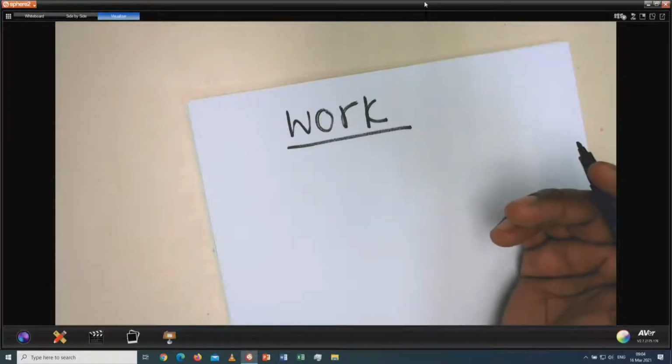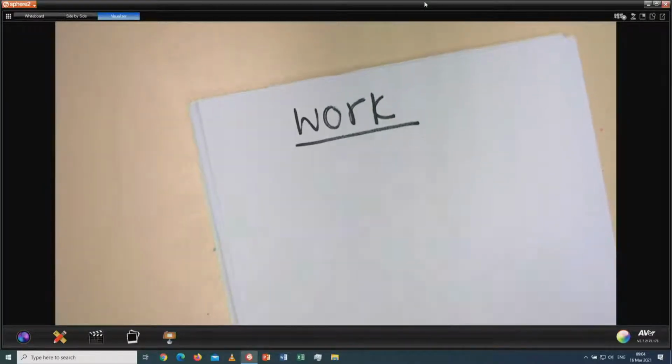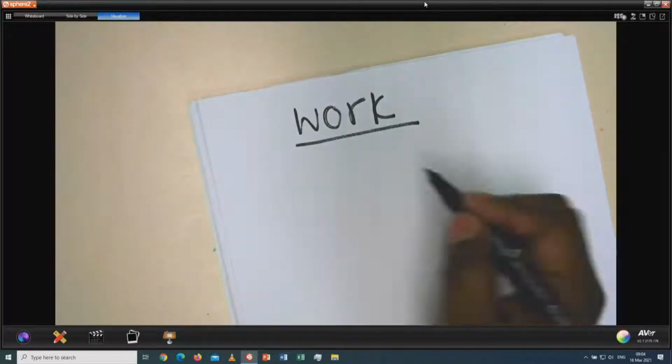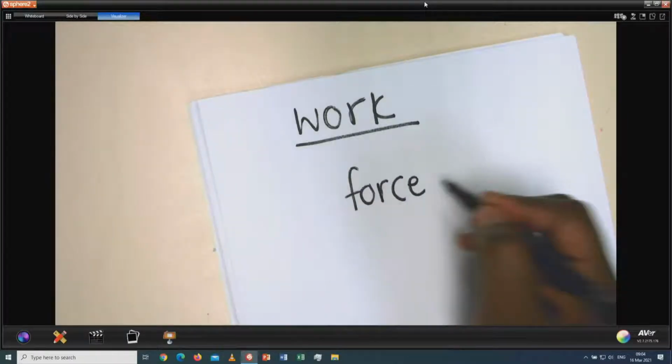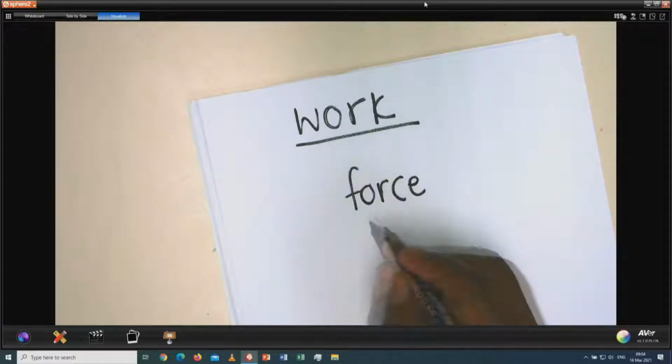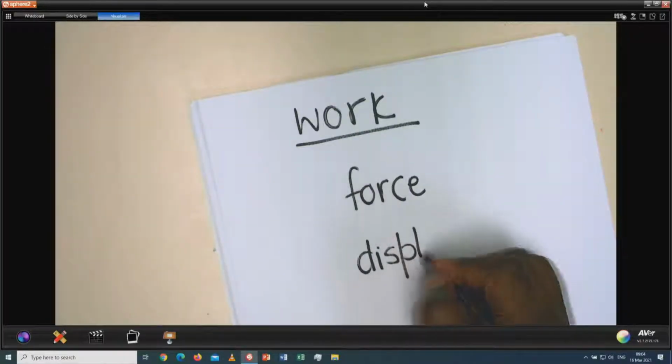So I want us to deal with the science meaning of doing work. And as we do that, there are two words that we must keep in mind. The first one is force, which we learned in grade 9, and the other one is displacement.